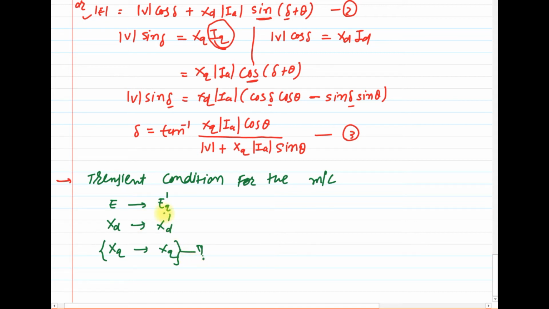Okay, so just understand, under the transient condition your generated voltage of the salient pole machine will become EQ dash, XD will become XD dash, and XQ will remain as it is. So again, just draw the phasor diagram for the transient condition.